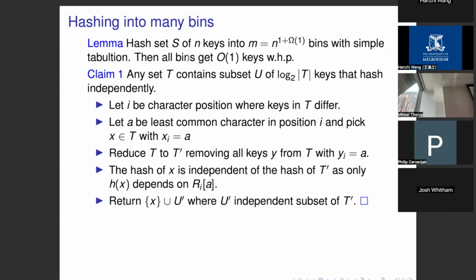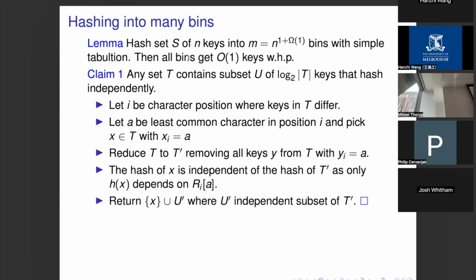So I use X, which was the only one that used A in position i, and then I combine it with the recursive definition of the rest. And that's it, right? Because I picked the least common character, this means that the number of keys I removed was at most half, right?